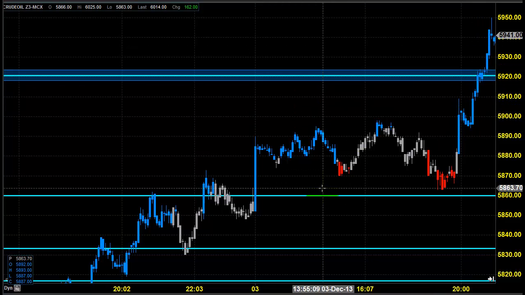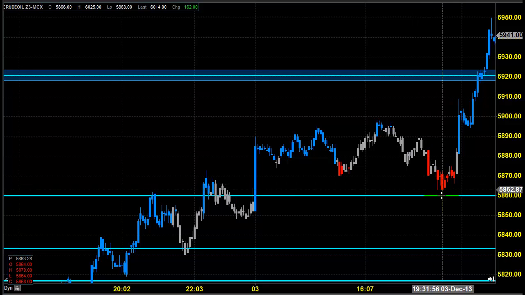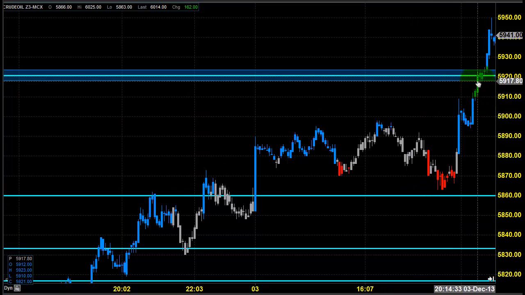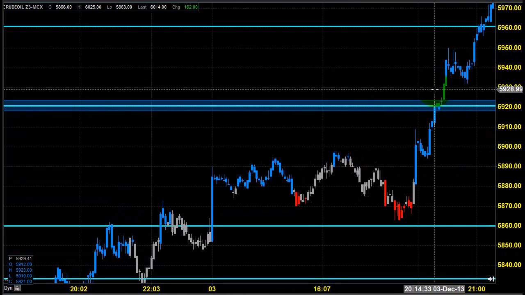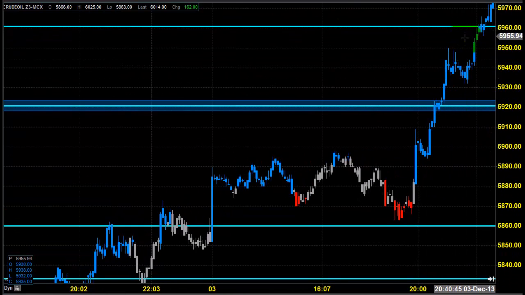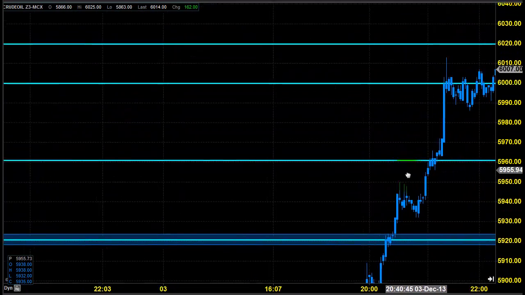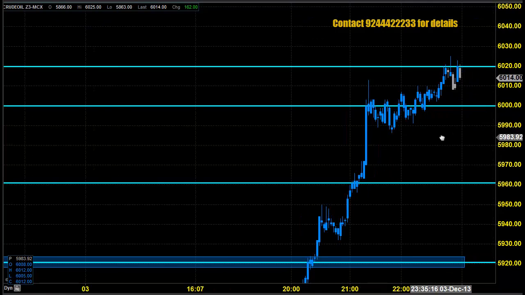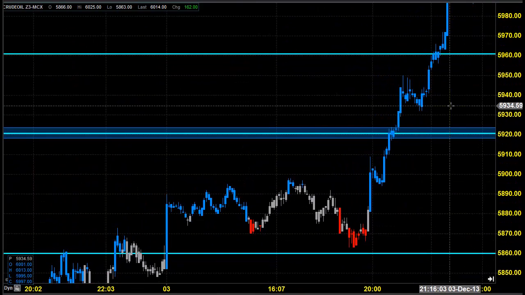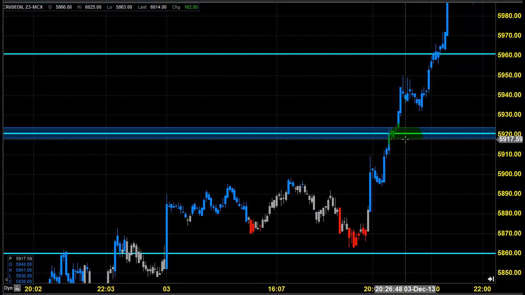So there is some serious buying that happened around 5890 that pushed the price to break 5920. Then you can see the price was getting a lot of buying momentum that pushed the price even till 6020. That is the best part in our charting tool, which always gives you a valuable indication whenever there is a key zone, whenever there is a consolidation, whenever it is quite difficult to identify the trend.